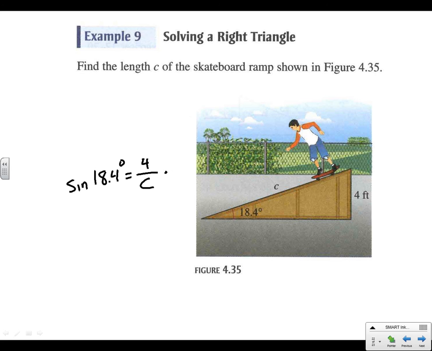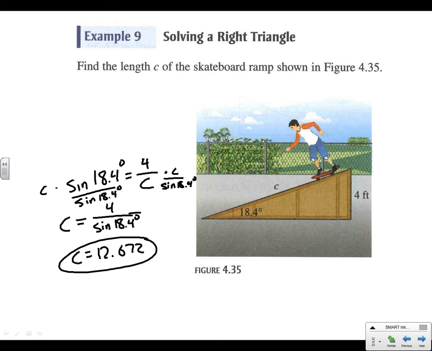We times by C, and then we divide by sine of 18.4, so we can get the variable we want by itself. C equals 4 divided by sine of 18.4. The reason I'm doing this is that now I can plug this all into the calculator all in one move and not lose anything to rounding, which is helpful. C ends up being 12.672.